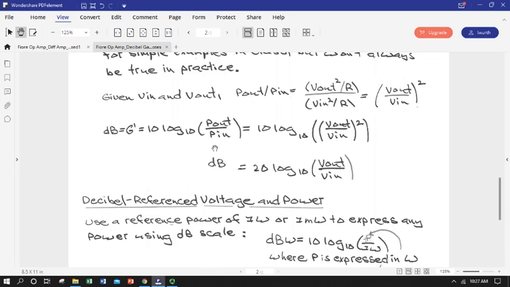So if somebody says, hey, here's my output power versus my input power, you use the 10 log base 10 of the power ratios. If you are measuring your input and output signals on your oscilloscope, and you have V out over V in as a ratio based on peak or peak to peak or RMS, doesn't matter, you could have V out RMS over V in RMS.